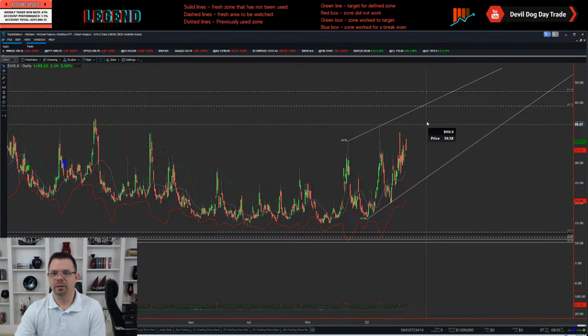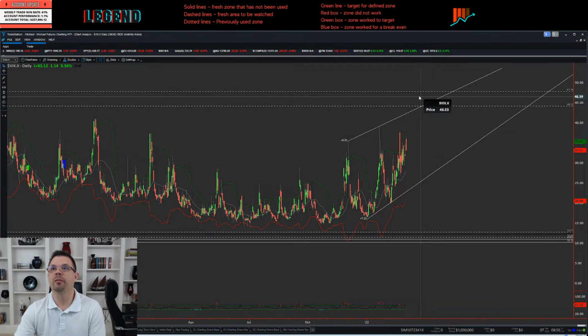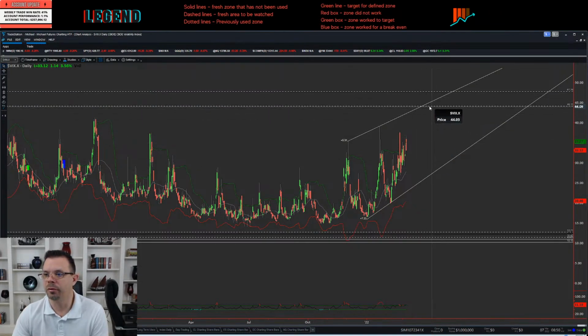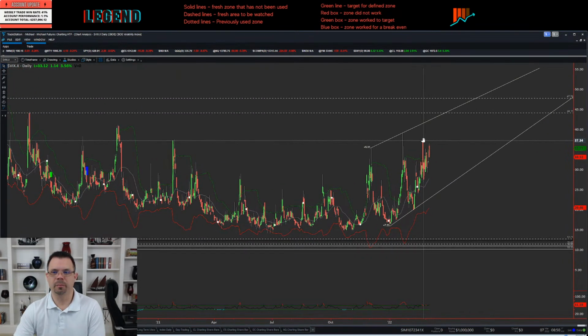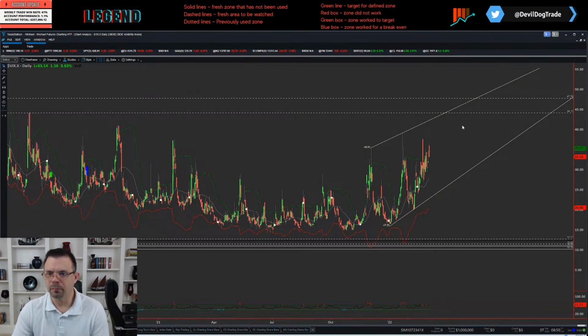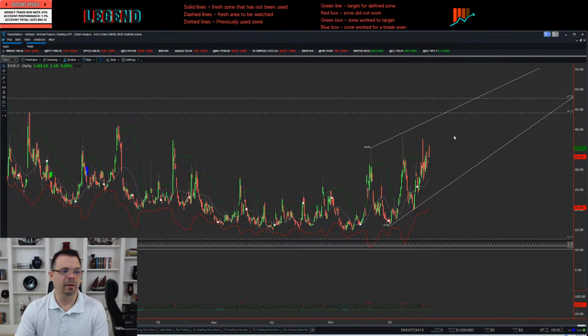However, if the channel keeps moving, once we get back up into this 44 area here, 44 to 47, this will be a very, very good place to look for a corresponding demand zone on the major index charts. And if those two line up, this will be your good solid indicator to get back in, much longer term long positions on those indexes.